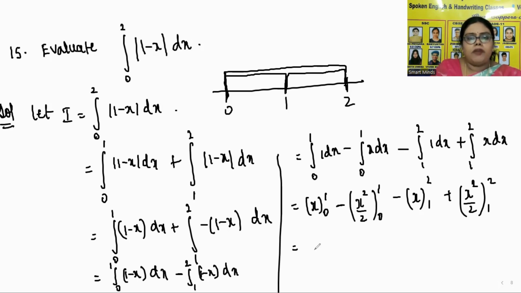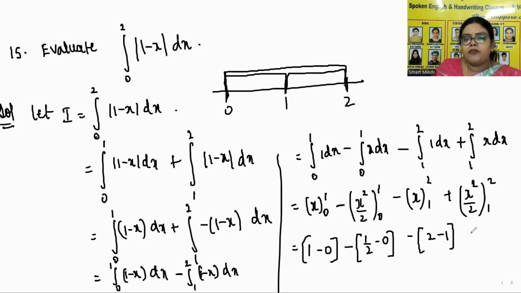So upper limit minus lower limit, 1 minus 0. This is the simplification for the first term. Minus, now if I put 1 in place of x in x square by 2, I get 1 by 2. 1 by 2 minus 0, minus 2 minus 1, plus 2 square is 4, 4 by 2 minus 1 by 2.